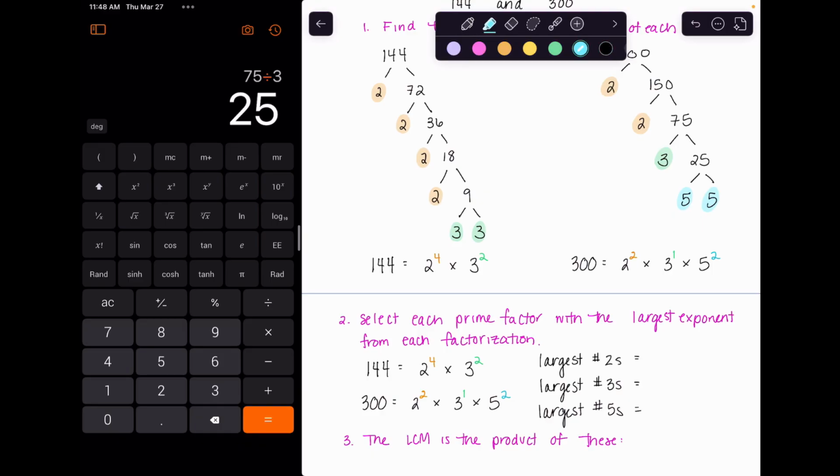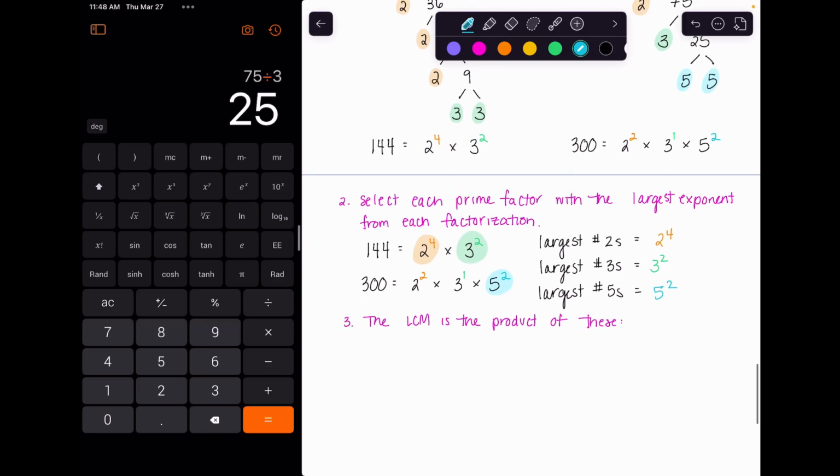So going through and selecting that, this one has 4, this one has 2. So the most number of 2s I have is 2 to the 4th. Moving on to 3s, I've got 2 and I've got 1. So the most number is 2 of them. And then the most number of 5s, well, this is the only one that has 5s, so it's the biggest amount, 5 squared.